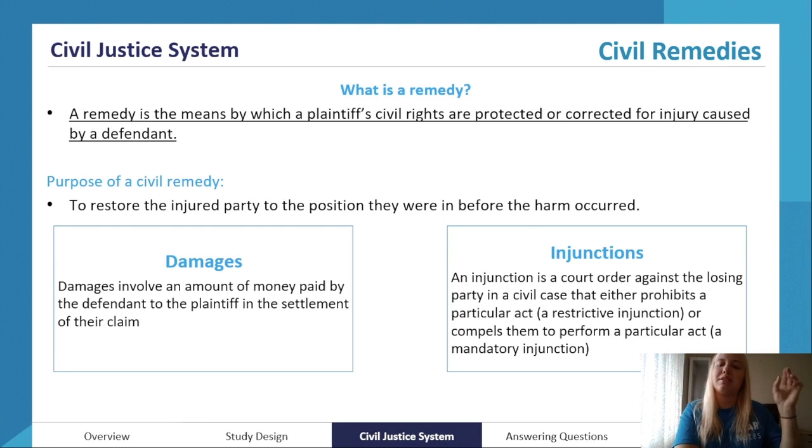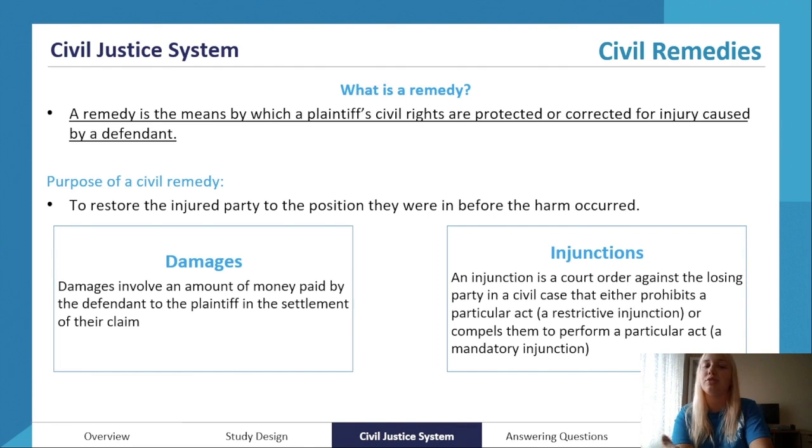And to give their specific purpose, you just need to add for the benefit of the plaintiff. So, for example, if I'm stating the specific purpose for a restrictive injunction, it's a court order against the losing party in a civil case that prohibits a particular act for the benefit of the plaintiff. Okay? Because injunctions cannot correct any loss that has already occurred.